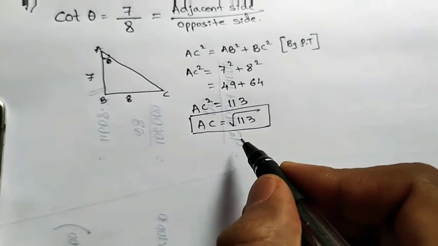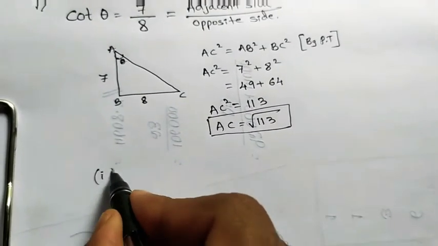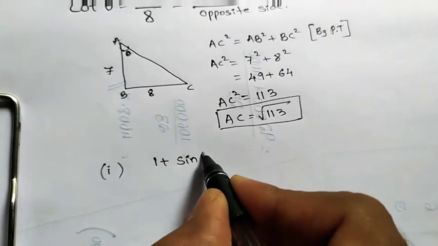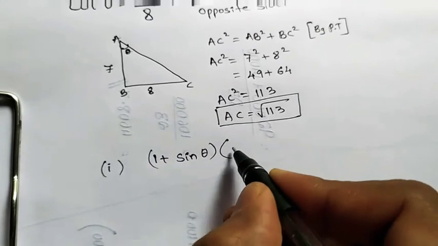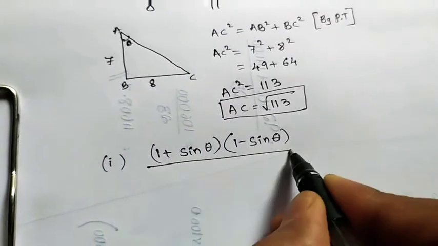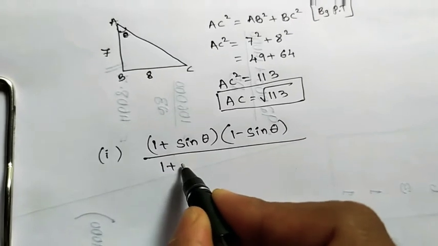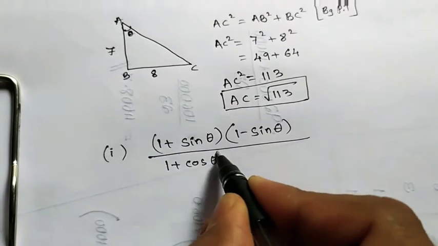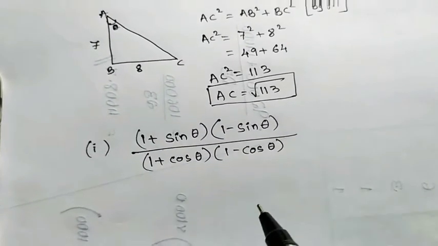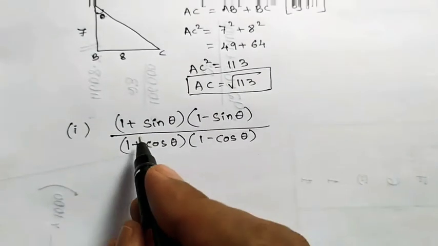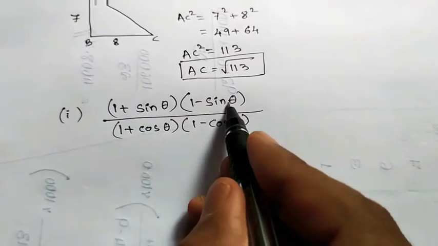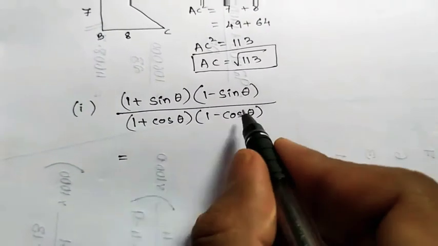Now coming to the first case, they gave 1 plus sin theta, 1 minus sin theta divided by 1 plus cos theta, 1 minus cos theta. First we simplify this one. 1 plus sin, 1 minus sin means a plus b, a minus b, it will be a square minus b square.